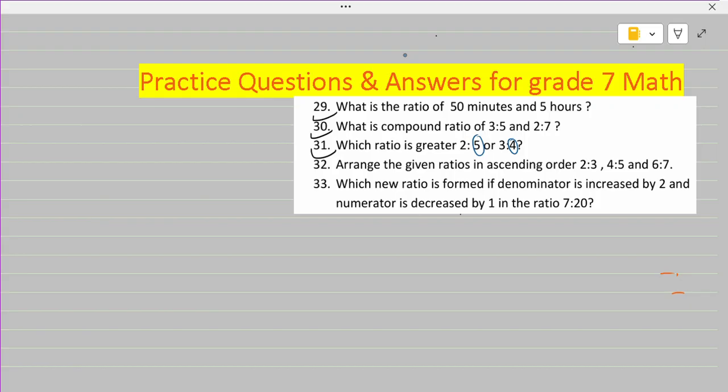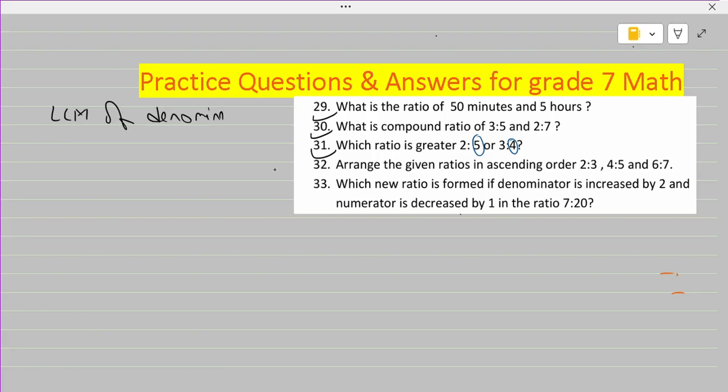That is the first thing we have to do. For that, we see the denominators, identify their LCM, and convert both ratios into values with the same denominator, the LCM of the denominators. So first we have to find the LCM of the denominators.